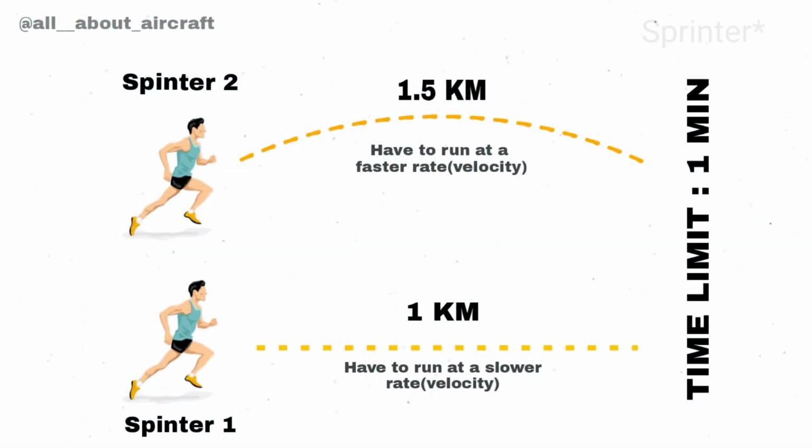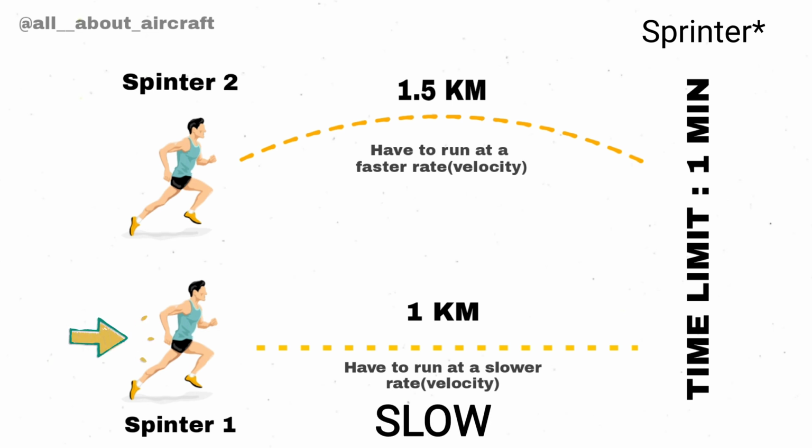A sprinter, that is number 1 in the diagram, has 1 kilometer to run, and another sprinter, that is number 2 in the diagram, has to run 1.5 kilometers. But both have a time limit that they have to reach the finish line in a minute, that is 60 seconds. Now sprinter number 1 will run at a lower velocity, that is at a slower rate, because he has less distance to travel.